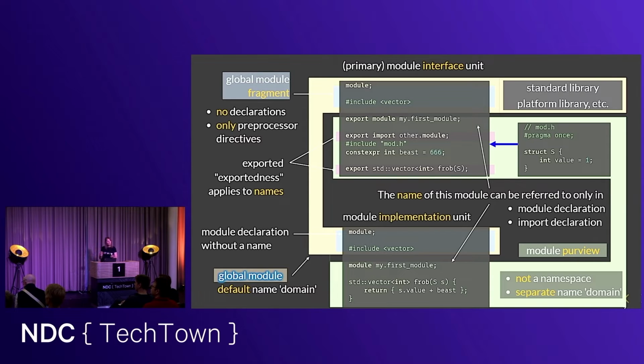And this is the module that you haven't been even aware that you have been programming in. This is just the same as with the namespaces. C code is in the global namespace, and C++ is in individual namespaces. And with modules, we have the same. We have the named module purviews, and we also have the global module.